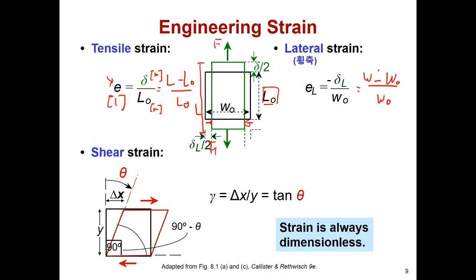And then another strain is shear strain. We discussed shear stresses. The shear forces act in the tangential direction of some surfaces, and shear stress is defined by the shear force over the cross-section area.